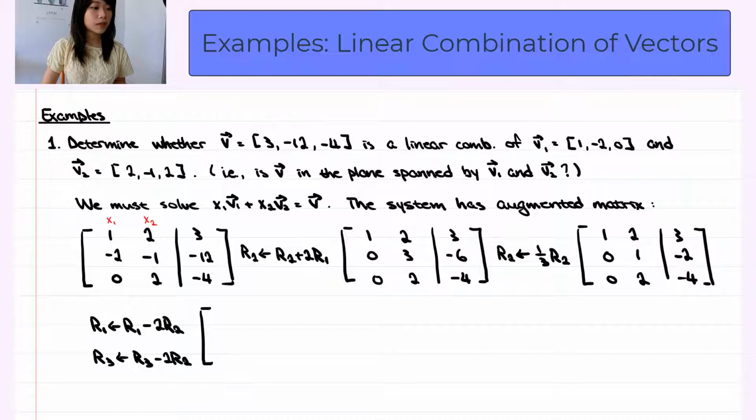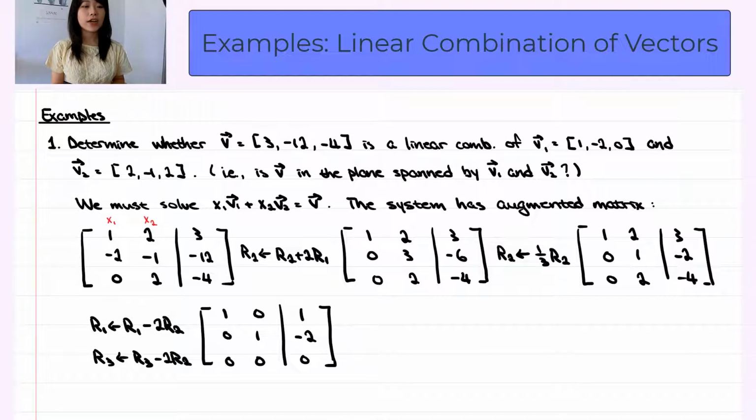Then the matrix becomes 1, 0, then 3 plus negative 4, that is negative 1... Second row remains the same. Third row is now 0, 0, and 0. Now the matrix is in RREF. We have the first pivot here and the second pivot here. So from this matrix, we get x1 equals 1 and x2 equals negative 2.